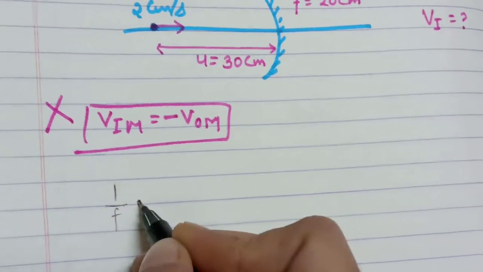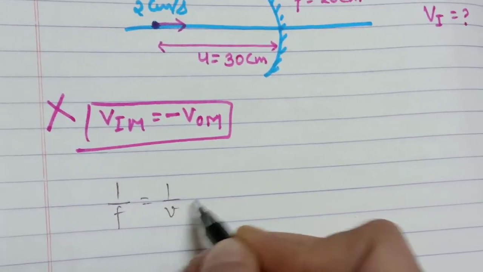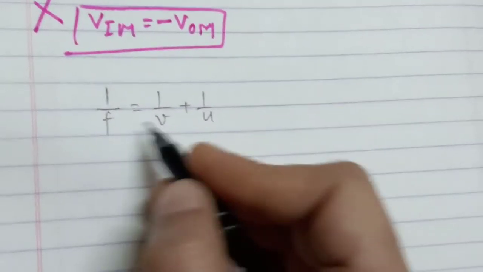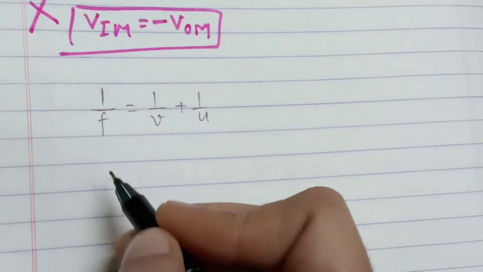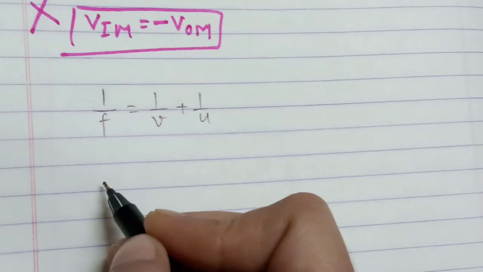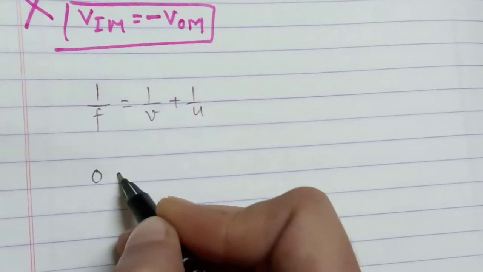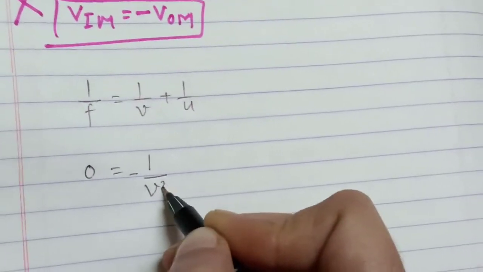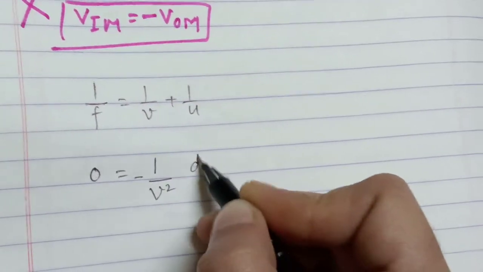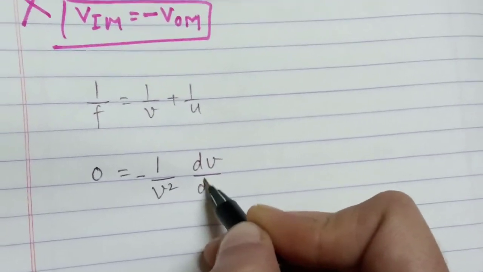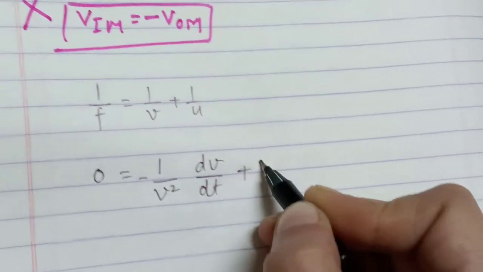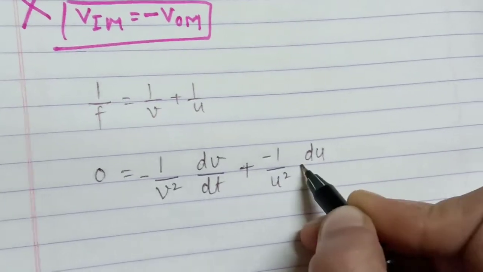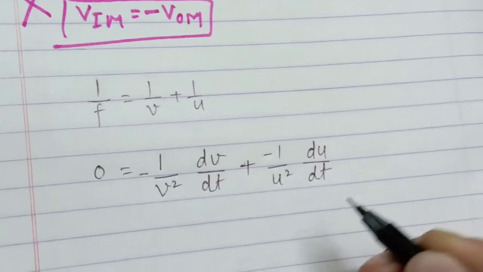1 upon f is equal to 1 upon v plus 1 upon u, which we already know. So we differentiate, the value of f is constant so 0, and we get minus 1 upon v square dv upon dt plus minus 1 upon u square du upon dt is equal to 0.